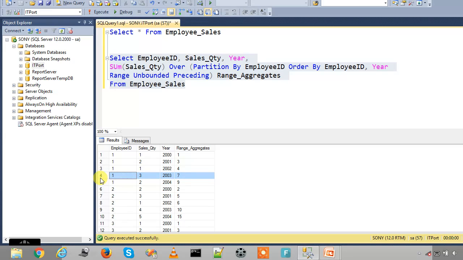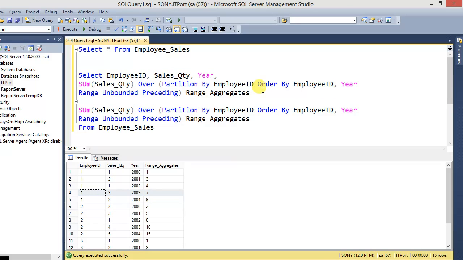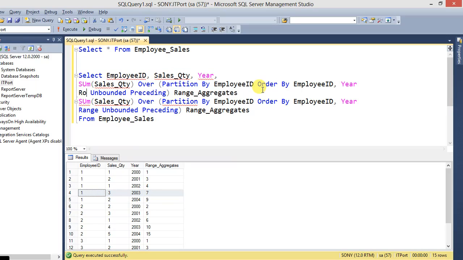So it seems to be like ROWS UNBOUNDED PRECEDING. Yes, see, we calculate with ROWS here. ROWS UNBOUNDED PRECEDING. This is the ROWS aggregate.